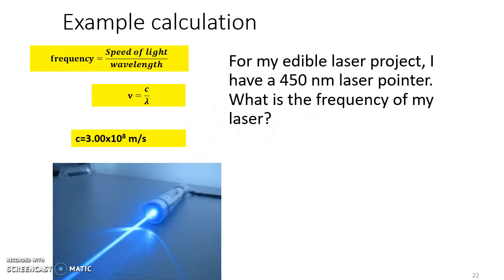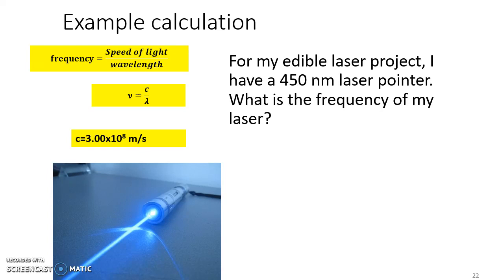So I'll set this problem up, and then the answer will be in the second video. For my edible laser project, which I have a collaboration with physics, I use a 450 nanometer laser pointer. What is the frequency of my laser? So think about the process that we use for word problems.